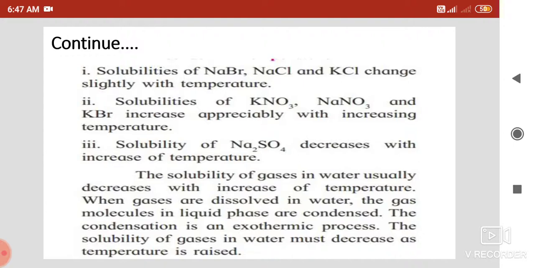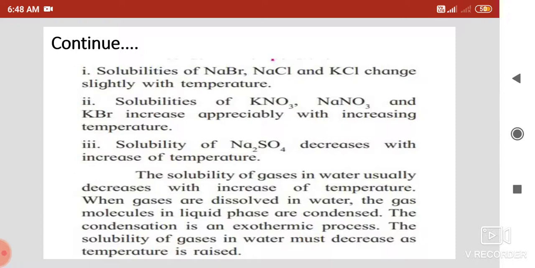The solubility of gases in water usually decreases with increase of temperature. When gases are dissolved in water, the gaseous molecules in the liquid phase are condensed. The condensation is an exothermic process. The solubility of gases in water must decrease as the temperature is raised.